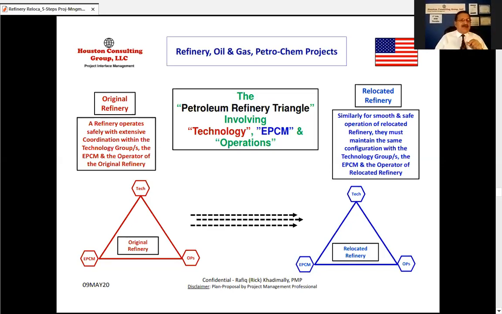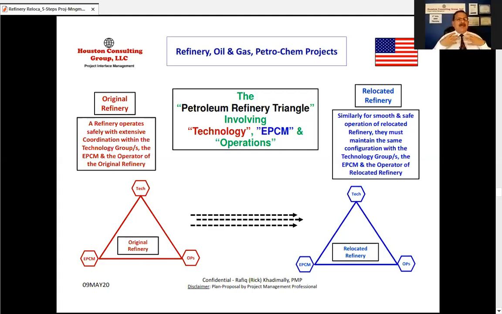So look at the triangle. I have technology on the top, EPCM on the left-hand side, and operation on the right-hand side. This is basically the petroleum refinery triangle with which the refineries work in a safe way.